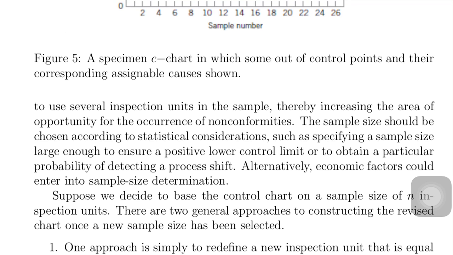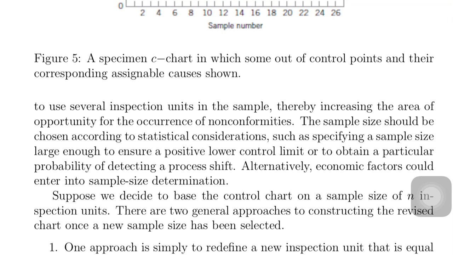That is, we will be taking a sample of products and trying to count the number of defects from the samples. Okay. And another thing is that the economical factors also enter into the sample size considerations.